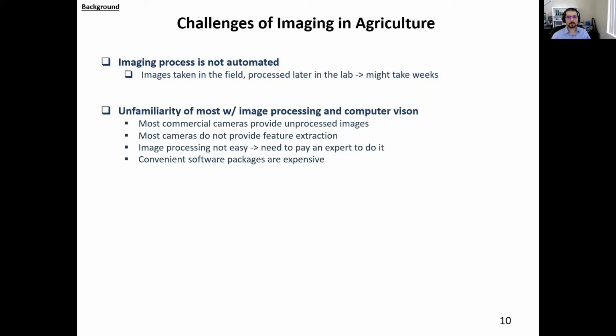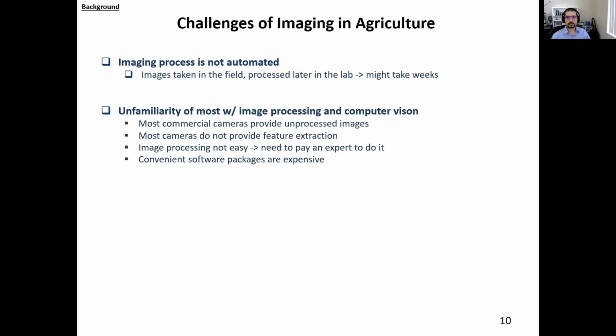And most of us are not familiar with image processing and computer vision. We're agriculturists, we're not computer scientists. Most commercial cameras provide unprocessed images. And most cameras do not provide feature extraction. So all the things that we need, they don't provide us with that.